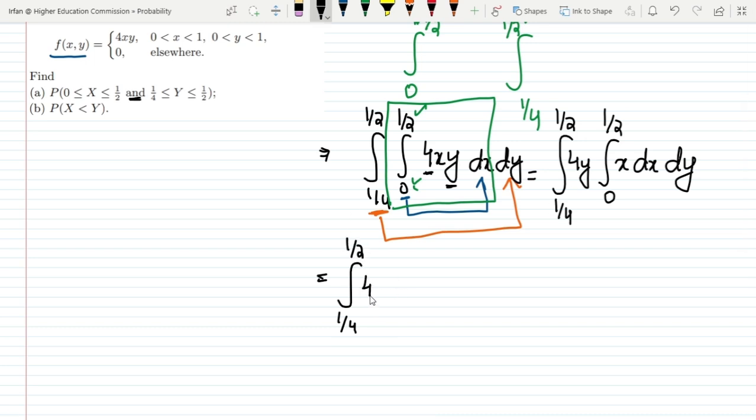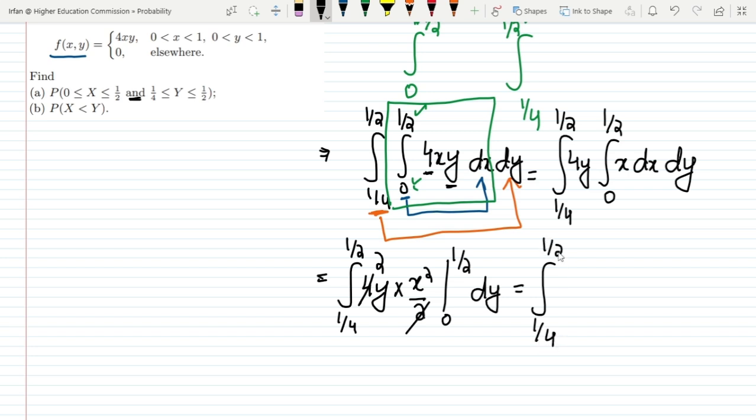Here we have 4y, and here this will become x squared by 2, with the limits 0 to 1/2 and dy. This will be 1/4 to 1/2, and here 2x squared, which is from 0 to 1/2, and here this y, and dy.